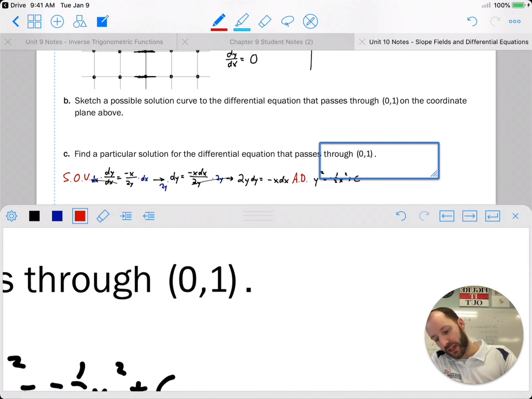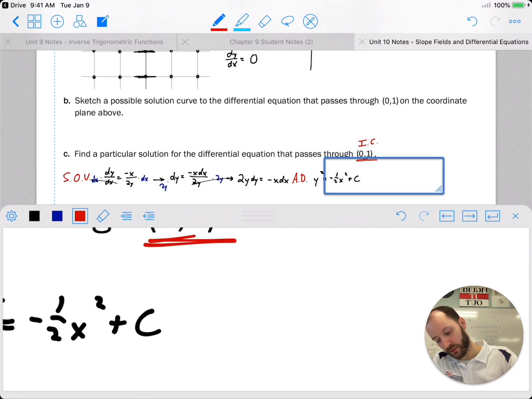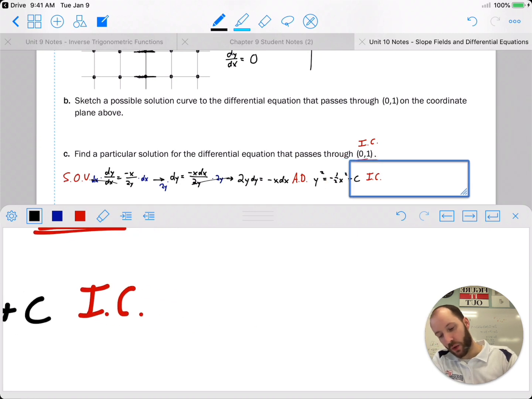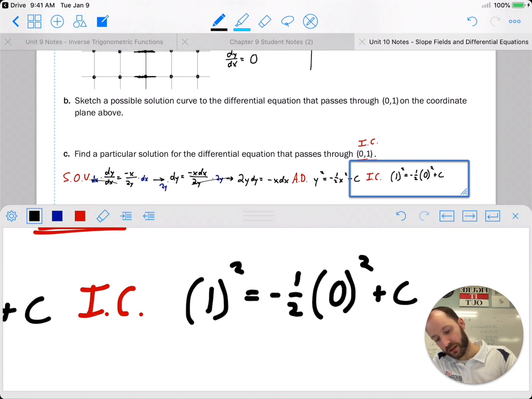And now we need our initial condition, which is right here. We know that the particular solution passes through the point 0, 1. So with the initial condition, y is 1, so 1 squared equals negative 1/2 times 0 squared plus c.